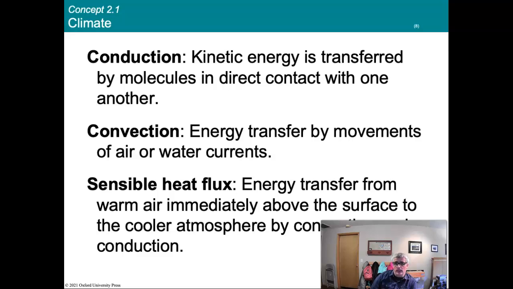Convection is energy transferred by movements of air and water. We'll talk about that around the conveyor belt, which is how heat is moved around the globe via the ocean. And then sensible heat flux is energy transfer from warm air immediately above the surface to the cooler atmosphere by convection and conduction. So movement of heat from right above the surface of the Earth.